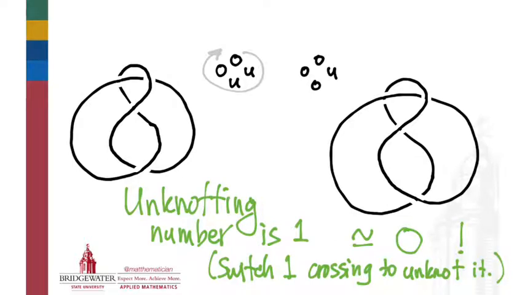It doesn't mean that any one that I pick to change is going to unknot it, but it does mean there exists one that, just changing that one, unknots the whole darn thing. And unknotting numbers can be tricky to find for knots that have bunches of crossings, because you might never know if you have the minimum number. All you can know is that you've done better than your last guess, if it happens to be lower.